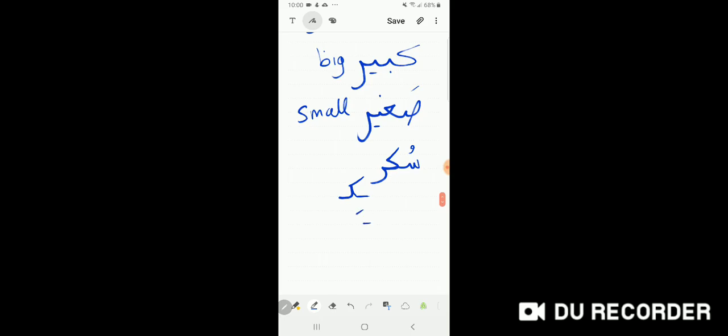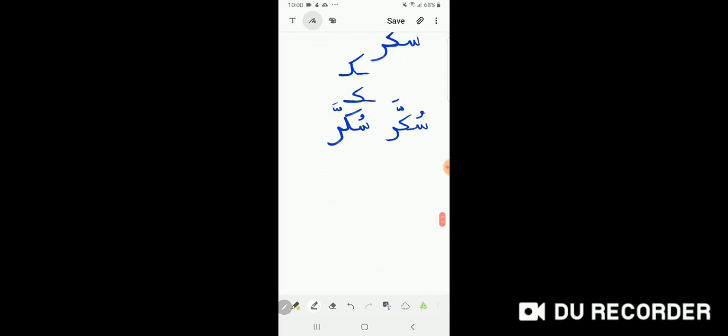Or you can have your connecting line and do that same diagonal shape. So when we do sukkar, we're going to go like this. You can write it like this. It's got a shadda because kaf is being pronounced twice. Or you could write it like that. Sukkar. The shadda and the fatha on top of the kaf.